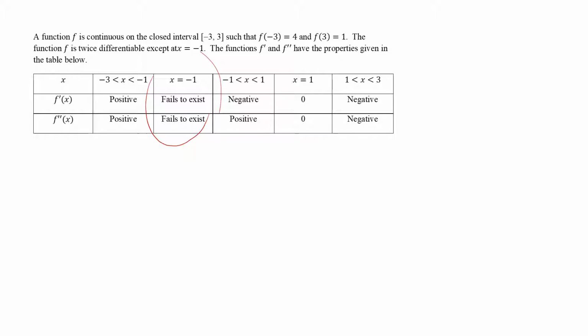It's just a cusp. And then the functions f prime and f double prime have properties as given in the table below. So it gives us intervals in which the derivative is positive, negative, and 0 or doesn't exist. So those would be our critical points, x equals negative 1 and x equals 1.